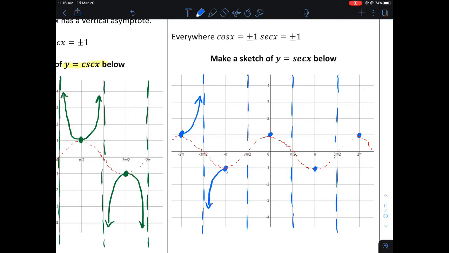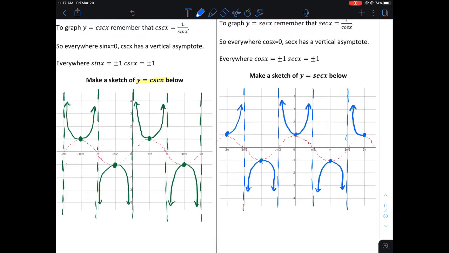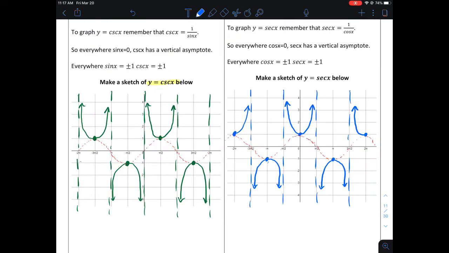It's going to turn away from the midline. And it also makes a similar looking graph to cosecant. It makes U's and N's. They are sister functions, so I can make one become the other with a transformation. All right, so that's what the graph of secant and cosecant look like.